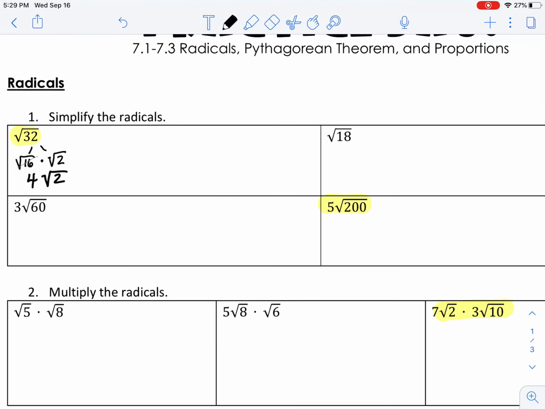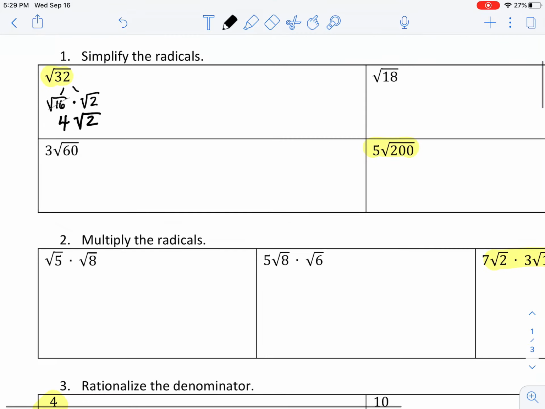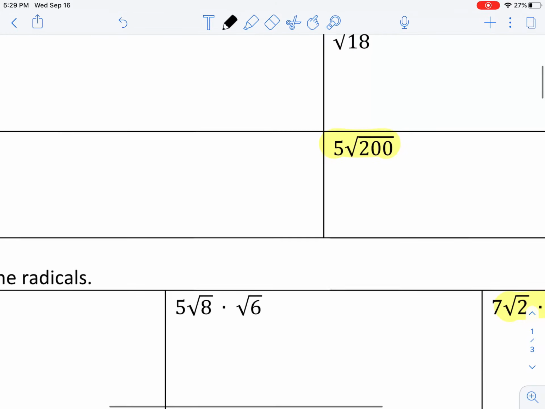Then I'll do one more because there's also the type where there's a number out front. So when there's a number out front, you just save that, and if something gets out of your radical, you can multiply those together. So for this one, bring down your 5, and then you want the biggest perfect square factor of 200. 200 has 3 perfect squares. It has square root of 4, square root of 25, and square root of 100.